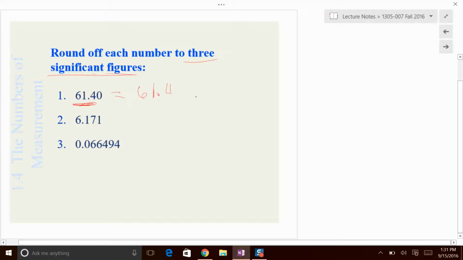If I said 61.400, those zeros would all be significant, because they don't change the value of the number. So to 3 significant digits, 61.4. How about the next number? Okay, to 3 significant digits. Good. How about the next one?